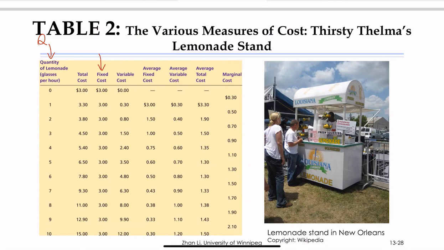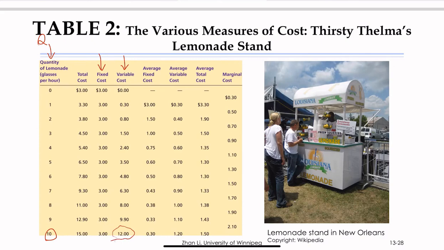And then we also have variable cost, which obviously will change if you change your output. So you can see that when the quantity is 0, then variable cost is also 0. And then when quantity increases to, let's say, 10, then the variable cost would become 12, right?